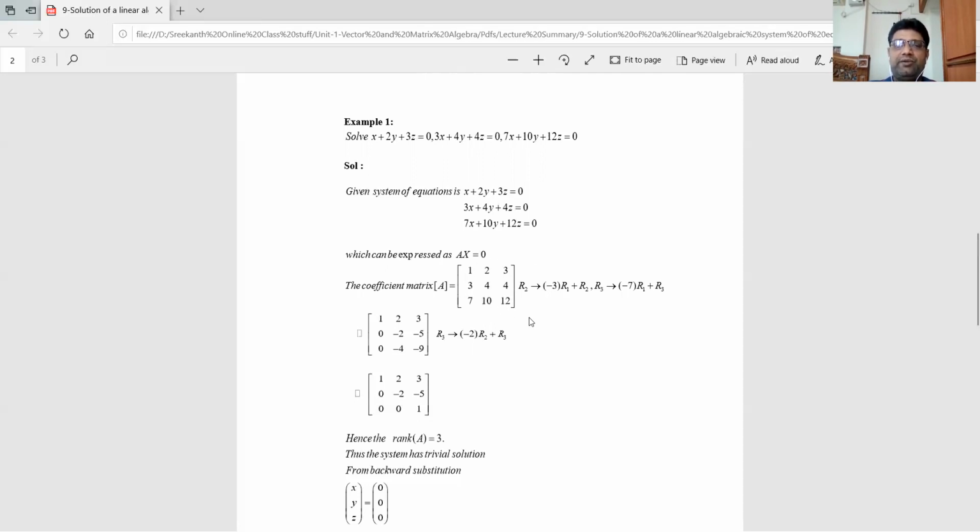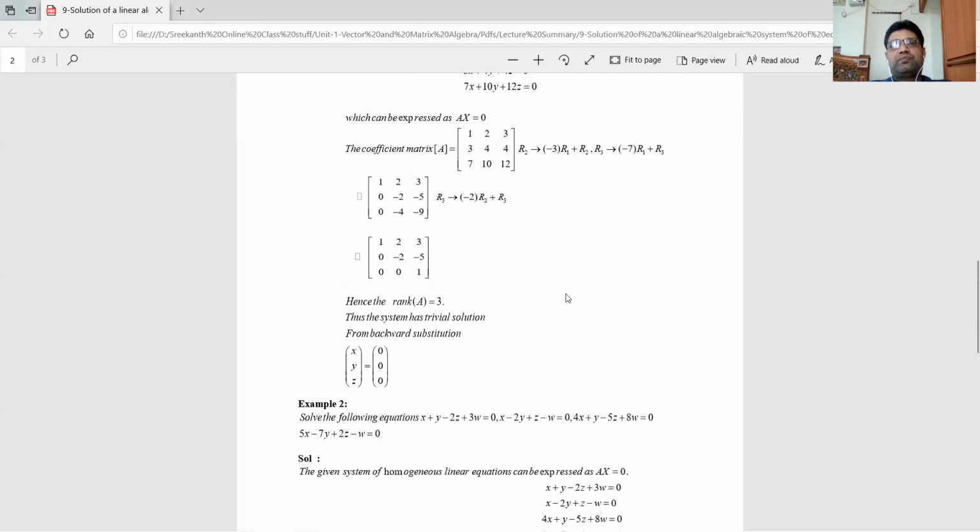First we will reduce this coefficient matrix to echelon form. To do this, I have to make the entries 3, 7 and 10 zero. For that purpose, first I am subtracting from the second row the first row multiplied by 3. That is the row operation R2 minus 3 times R1.